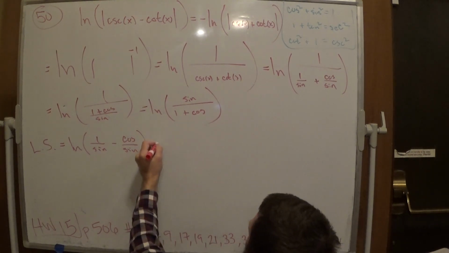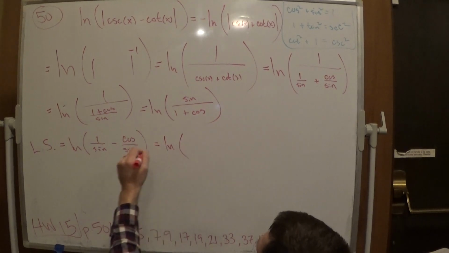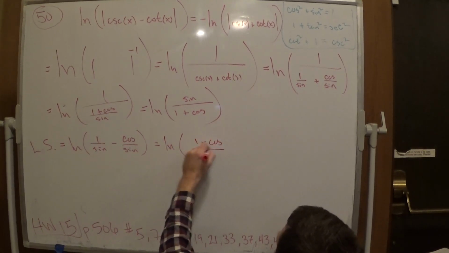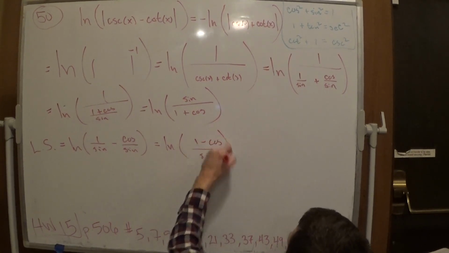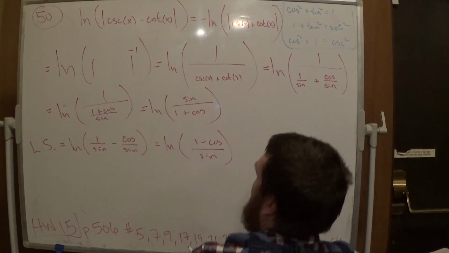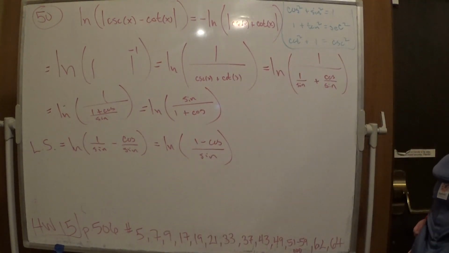And so this is natural log of 1 minus cosine over sine. Now what? We're close. We're real close.